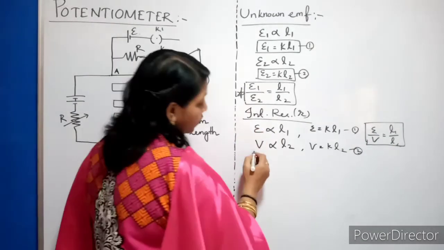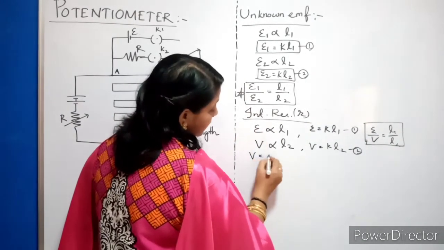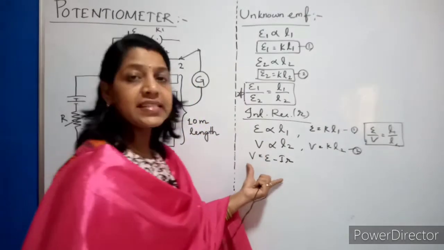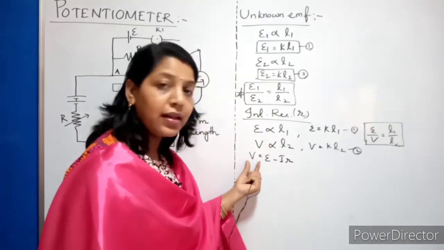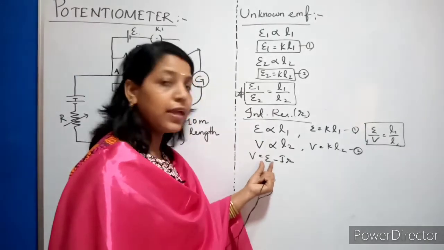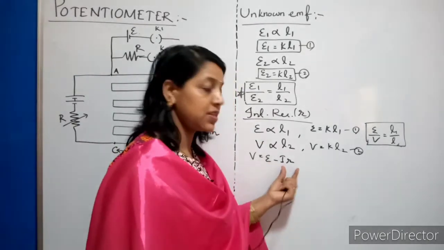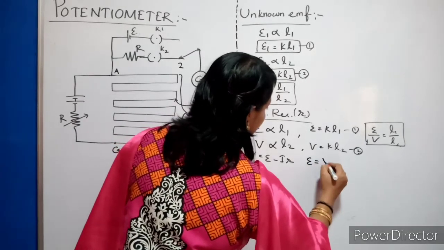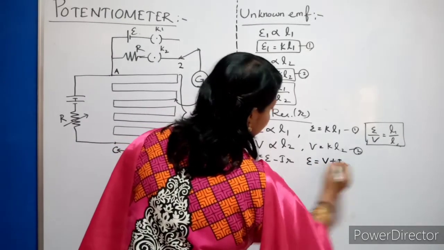I already told you what your V is. V is nothing but E minus Ir. This is the cell's expression for terminal voltage, which is nothing but EMF minus the internal drop. So can I write it as E equal to V plus Ir? What is V?